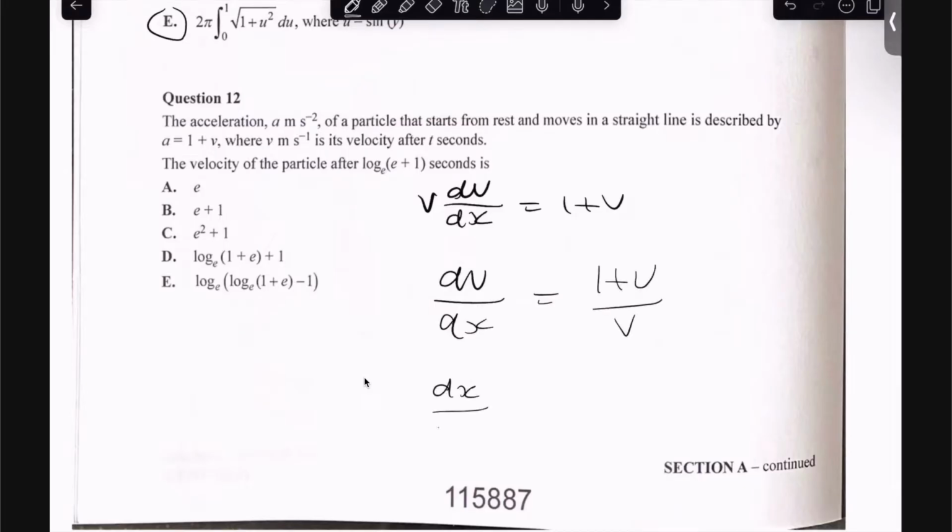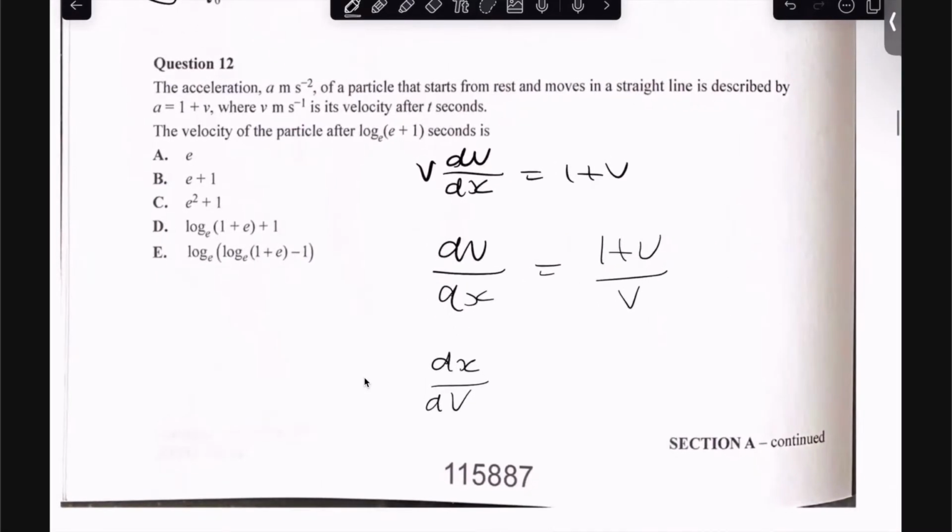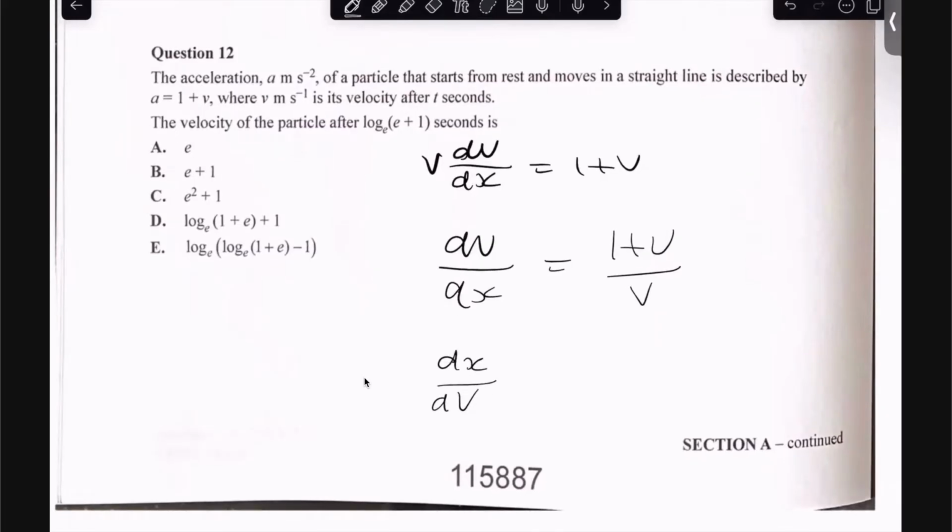What am I doing? Velocity after, when t is that, is that right?